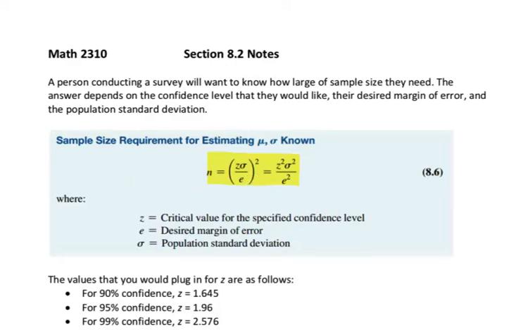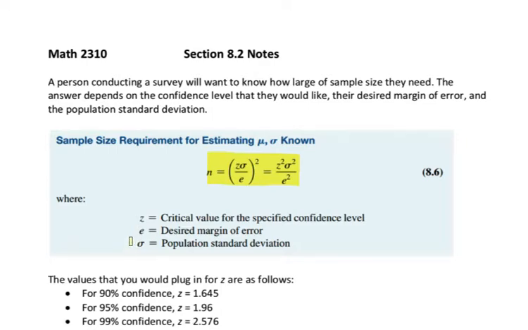The values for the variables here are that z is the critical value for the specified confidence level. And so we find our confidence level and we need to transform that into a value of z. And we'll talk about that next. E is the desired margin of error, which will be given to you in the problem. And of course, sigma is population standard deviation.